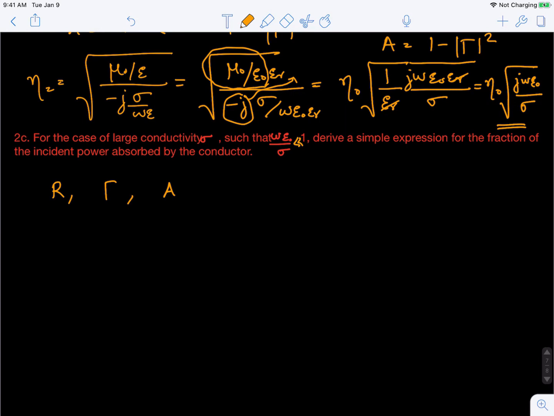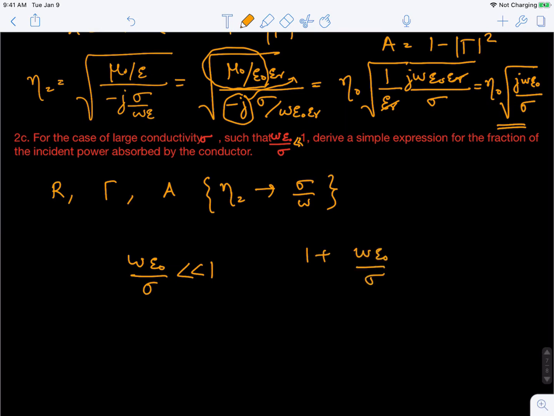We've already found what A is in terms of eta 2 and in terms of sigma and omega. Now make sure that omega epsilon naught by sigma is much less than 1, which means any expression which has 1 plus omega epsilon naught by sigma could be written as 1, or 1 plus square root of omega epsilon naught by sigma could be written as equal to 1.